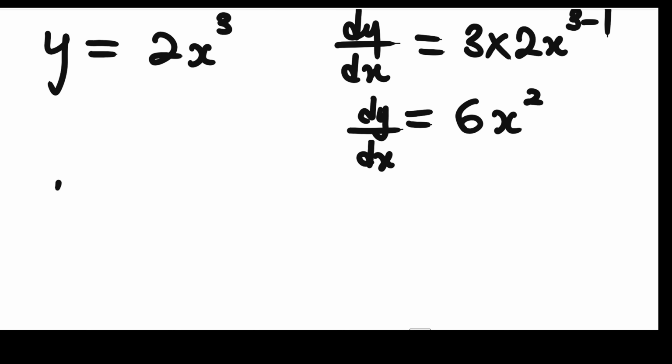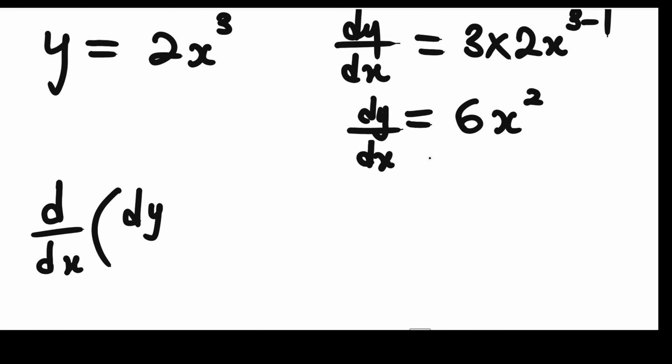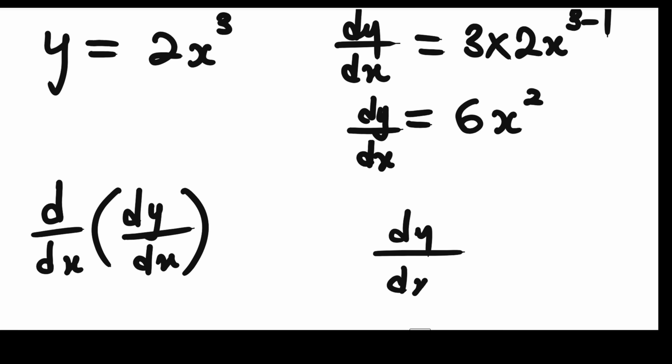So we are going to find d/dx of dy/dx. So it means you have to find the derivative of your dy/dx. So we are going to differentiate our dy/dx again. But you could see that when you have dy/dx, you can rewrite it as d/dx multiplying y.